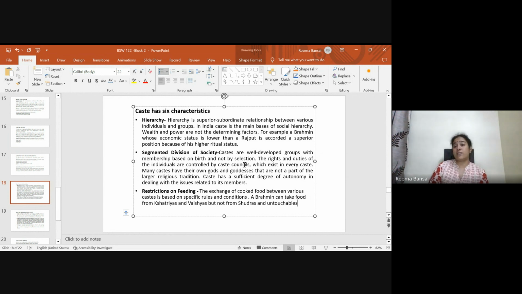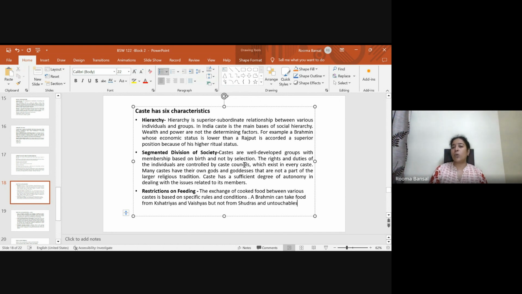Segmented division of society means castes are well-developed groups with membership based on birth and not by selection. It means you cannot select your caste. By birth, you belong to a caste. The rights and duties of individuals are controlled by the caste council, which exists in every caste.